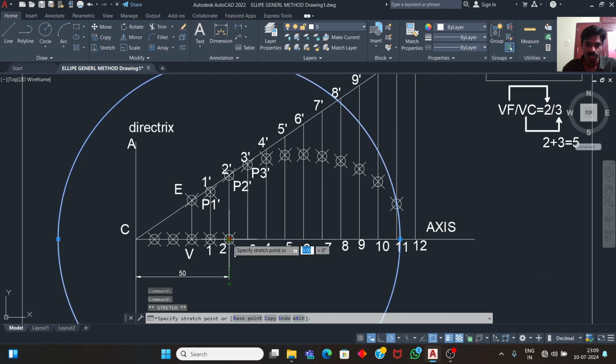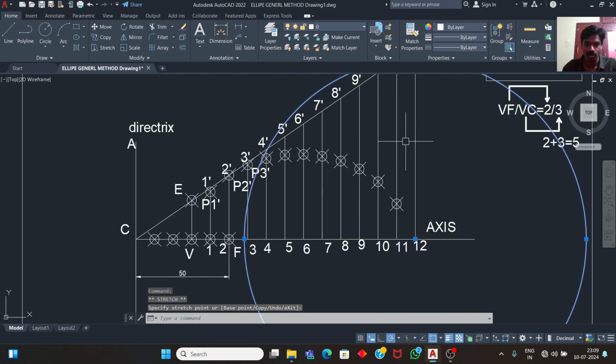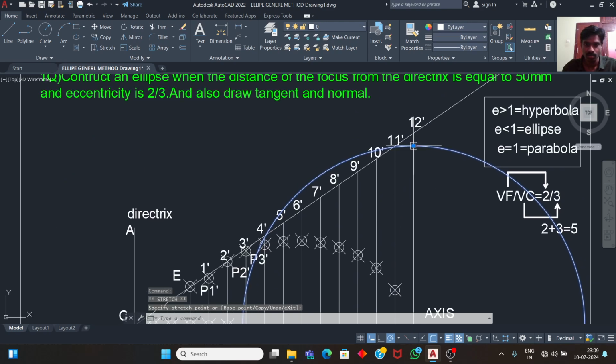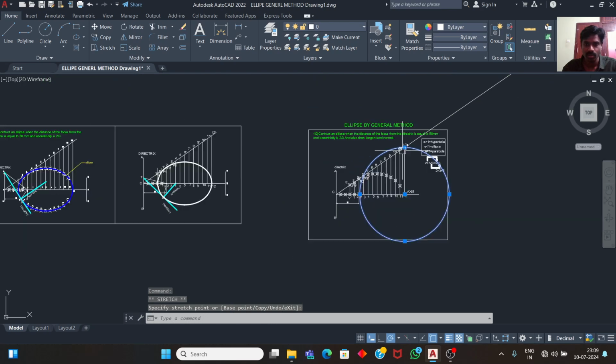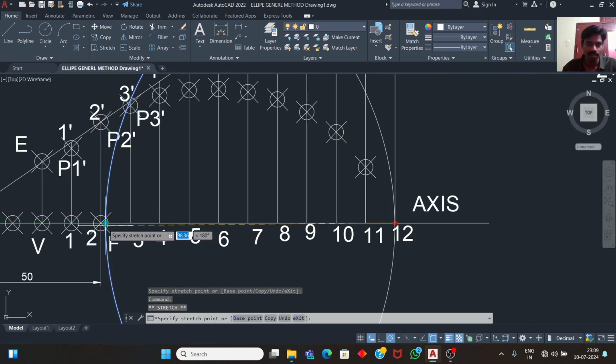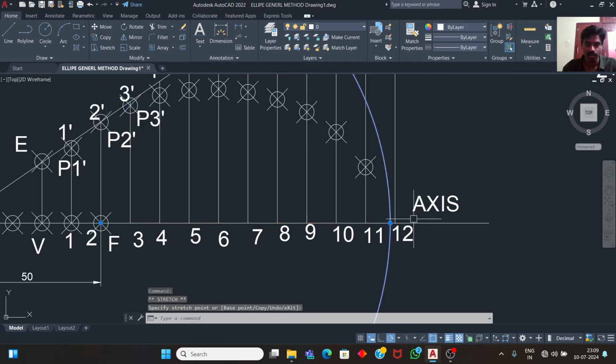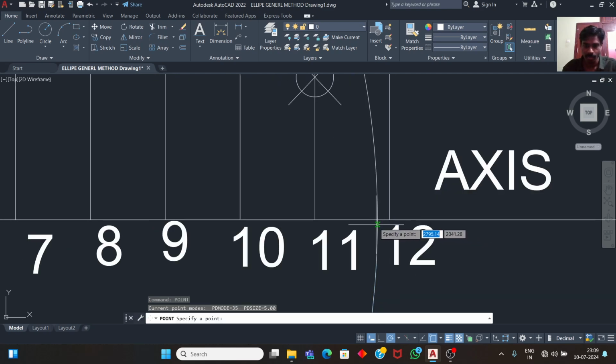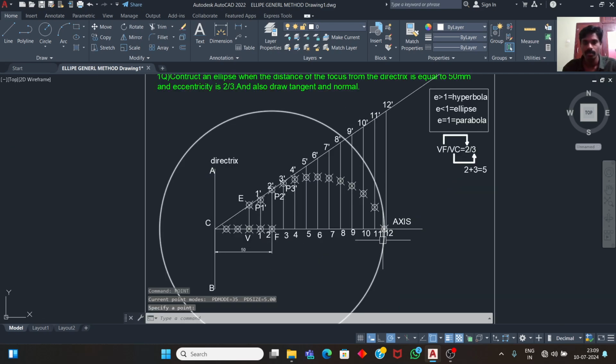Next, 12 to 12 dash as the radius, F as the center. Here we get a point.